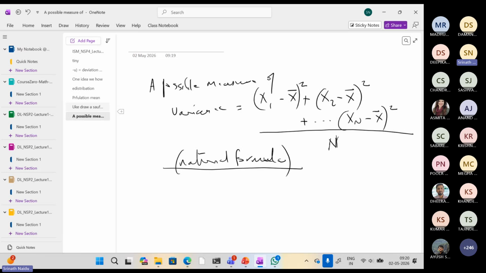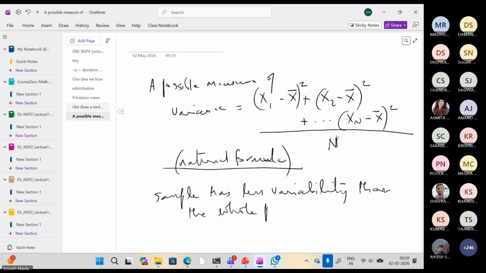Why is it flawed? Well, the thing is, the sample has less variability than the whole population. So when you look at this numerator here, x1 minus x bar squared plus x2 minus x bar squared plus xn minus x bar squared, there's something wrong with this computation.